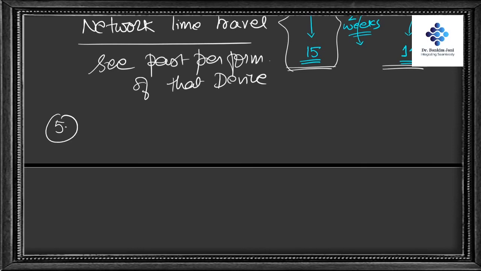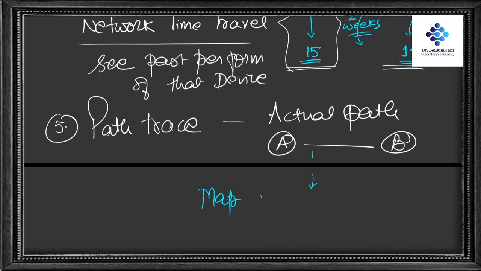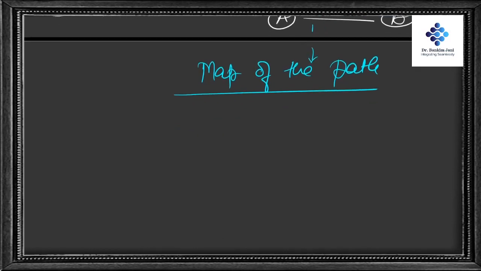One more interesting thing is called path trace. In path trace, you can actually see the actual path it's taking as it travels from A to B. You can even see a map of the path, and this final thing is so good: you can watch all the ACLs which are coming into the path, and whether each ACL was permitting something or denying something.